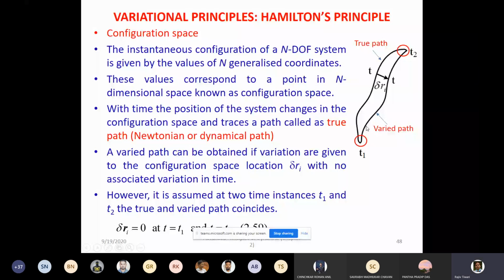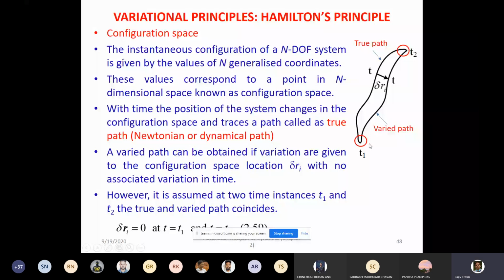These are arbitrary variations we are giving, similar to the virtual work and virtual displacement we have given. The only condition is that, for the two times t1 and t2, the true path and the varied path in the configuration space should coincide at those two time instants. In between, they can vary.